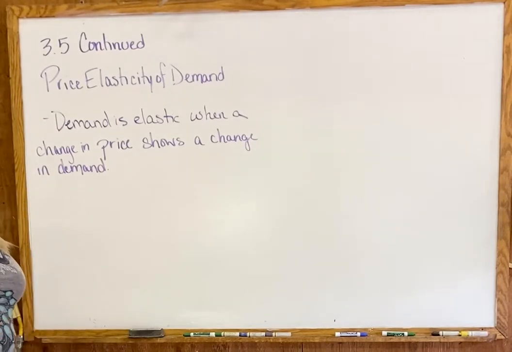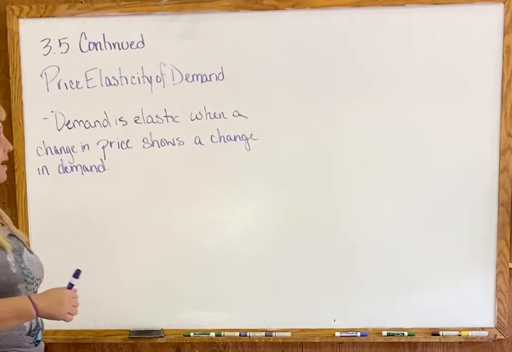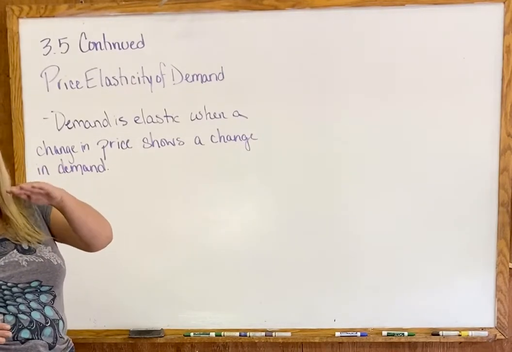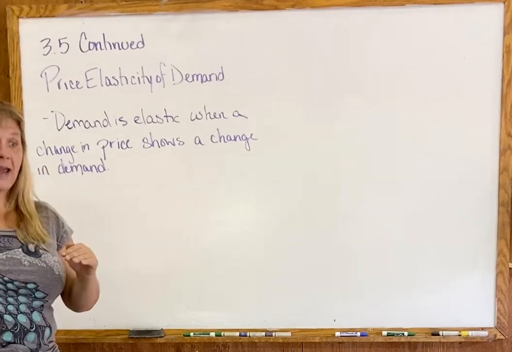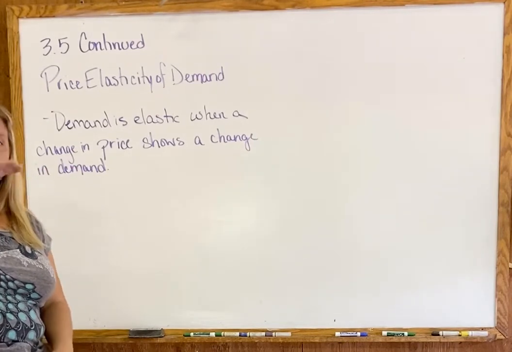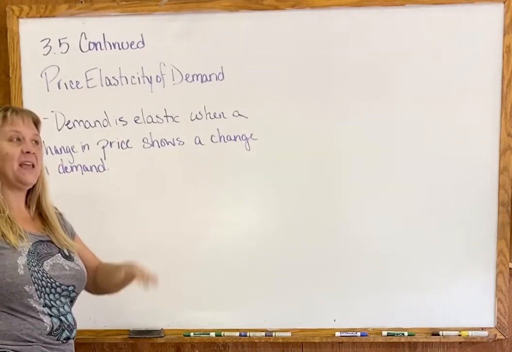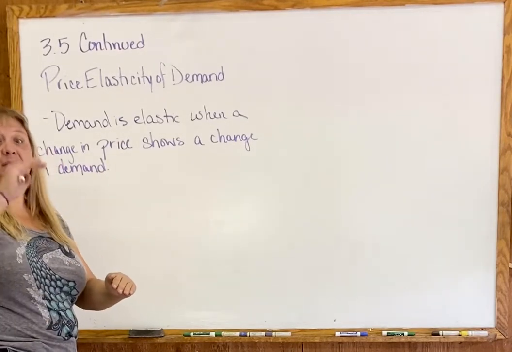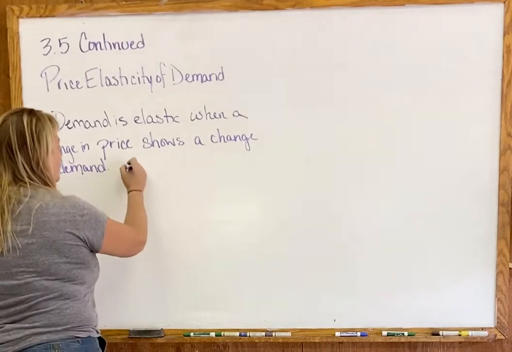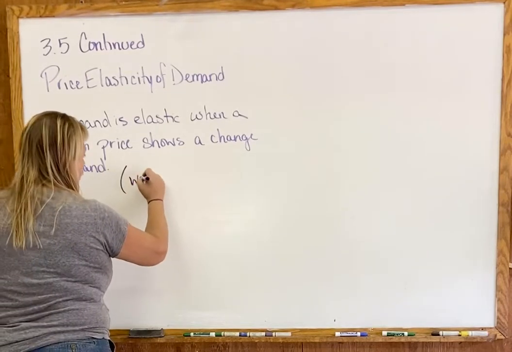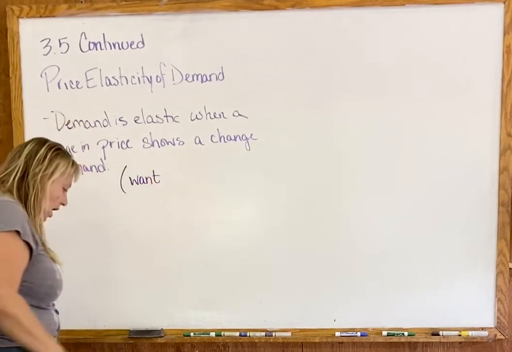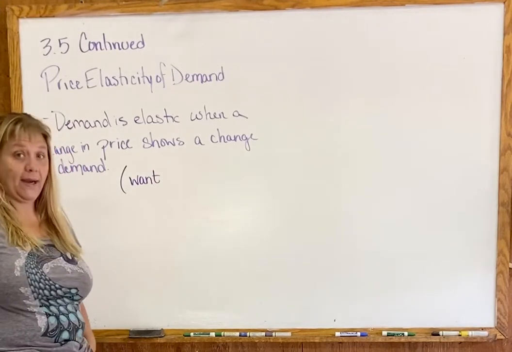So that means if the price shoots up, the demand is going to go down. If the price goes down, the demand will go up. So this is normally things that we want, not necessarily requirements, okay?